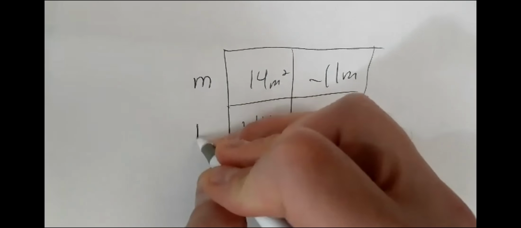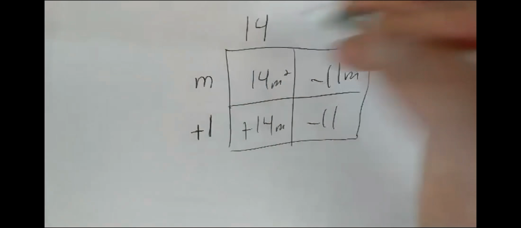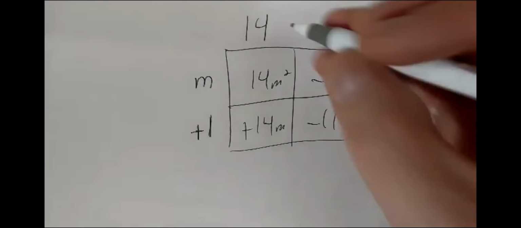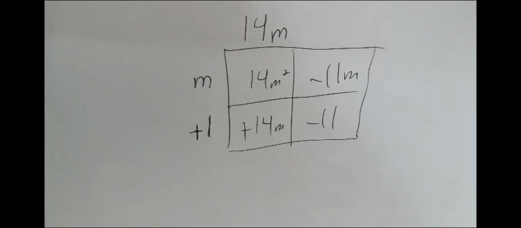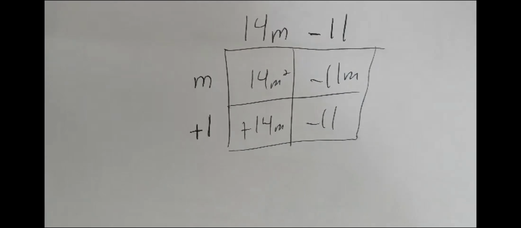I think I can just take out a plus 1 here. Between 14 and 14, I can take out 14. Between m and m squared, I can take out m. There's a negative here, and I could take out an 11.